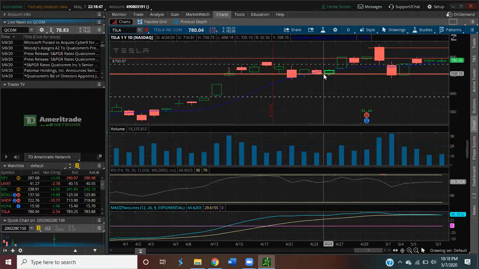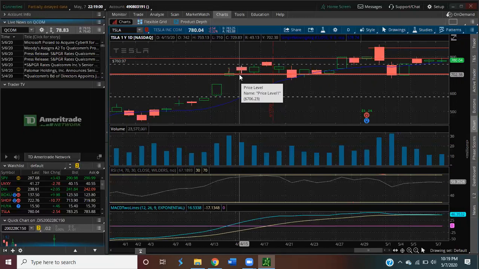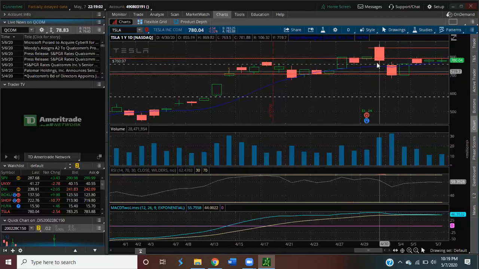It's just been back and forth between 700 and 800, since about last April 14th. It had this instance on earnings, but I don't really like to count earnings day because there's a lot more volume than regular anyway. Besides this one candle right here, it's just been between 700 and 800, back and forth.